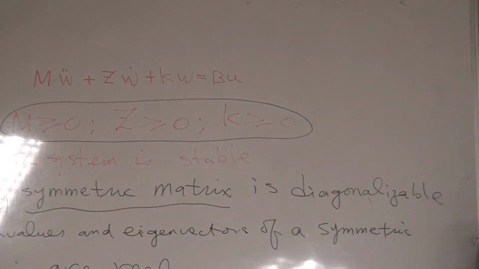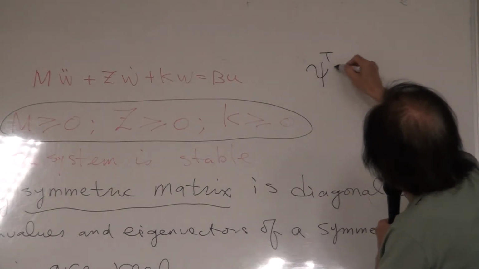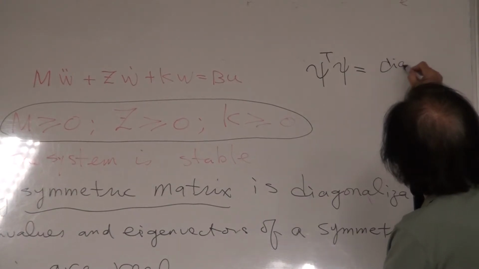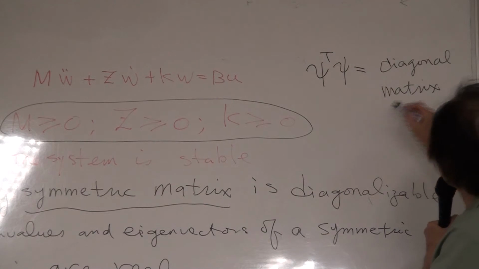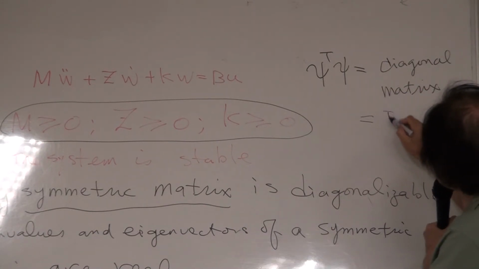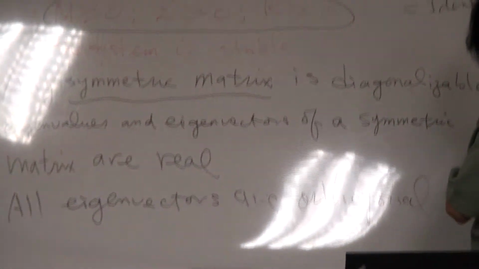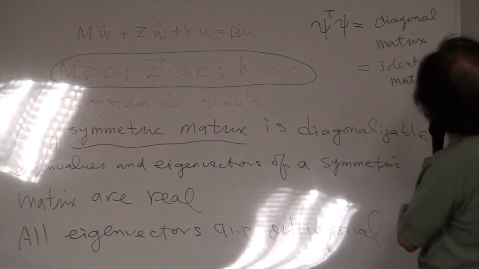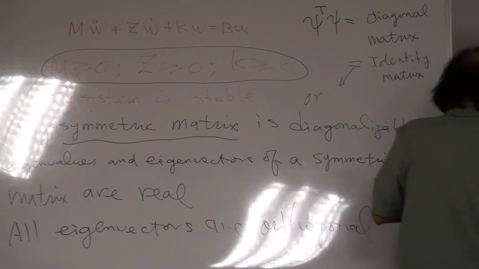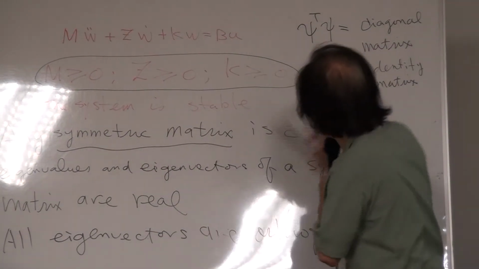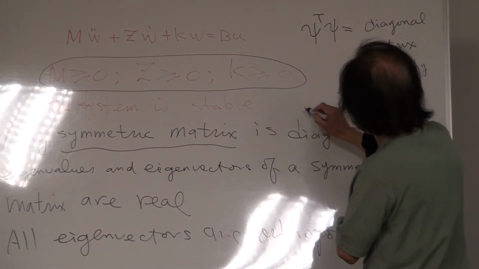That means psi transpose psi is a diagonal matrix, and we can normalize it so it becomes the identity matrix. We call this normalization.